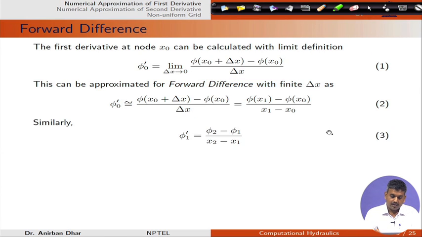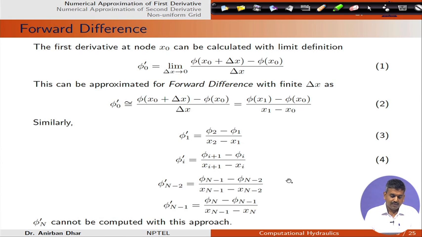We can apply the same approach for x1, which is an interior point, and xi, which is a general interior point for the function, and for the points n minus 2 and n minus 1. However, we cannot compute phi prime n with this forward difference approach. Why? Because we do not have information about the point n plus 1.